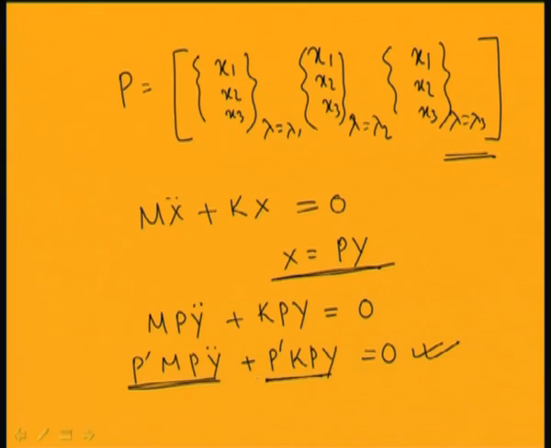So, one can show that P dash M P and P dash K P are diagonal matrices, and by using this diagonal property, this equation is reduced to that of a set of single degree of freedom systems.